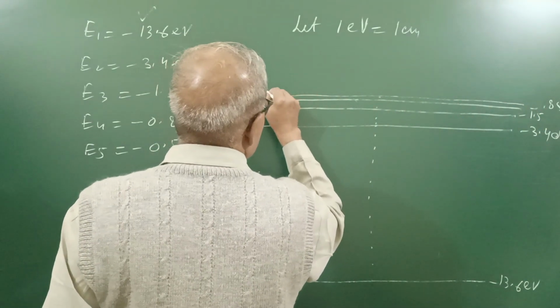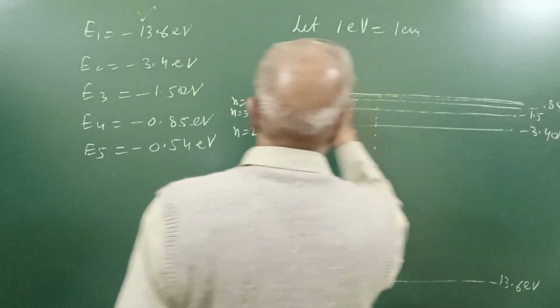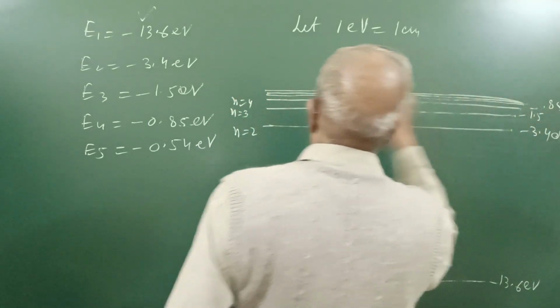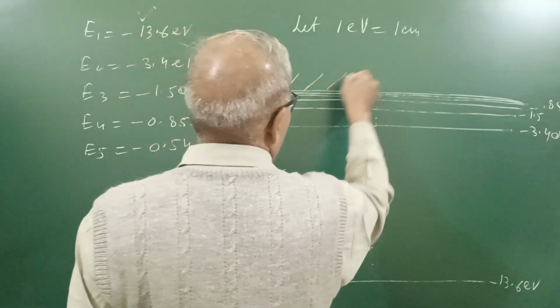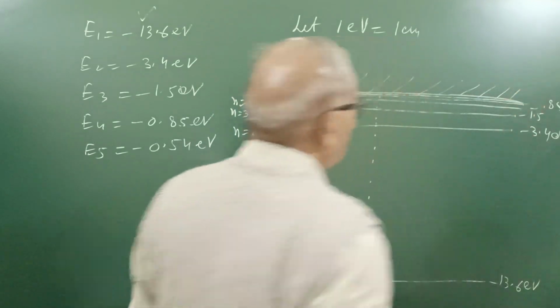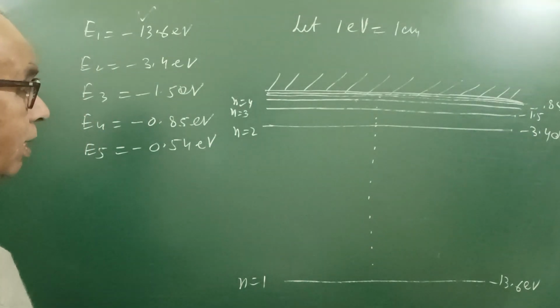And this gap goes on diminishing, and for large number of n, energy appears distributed continuously. So this is a representation of the energy level diagram of H atom.